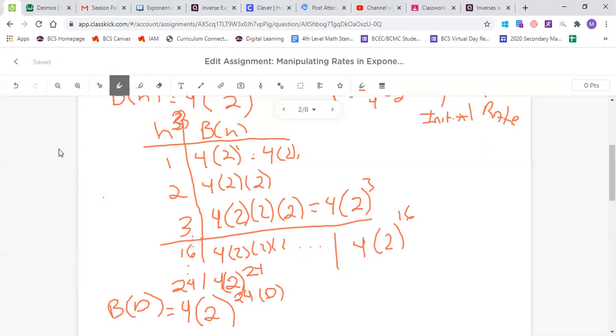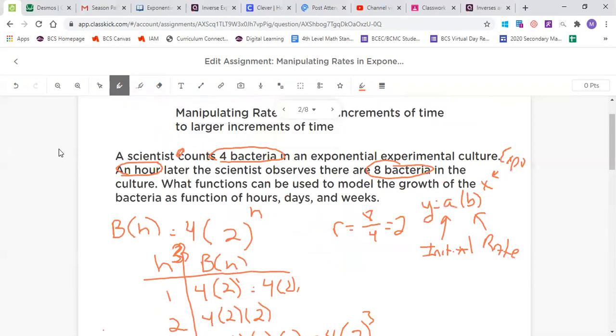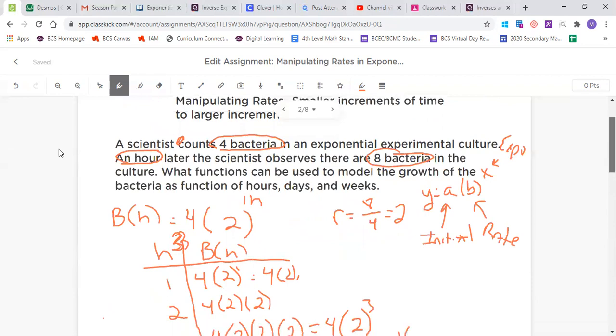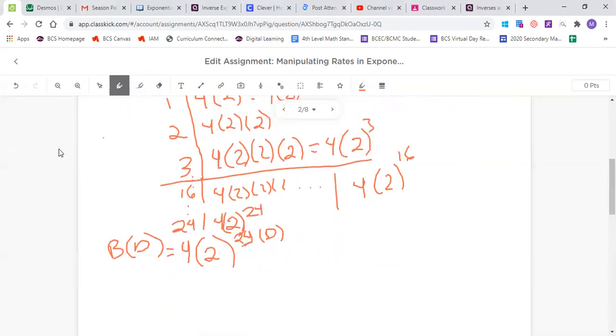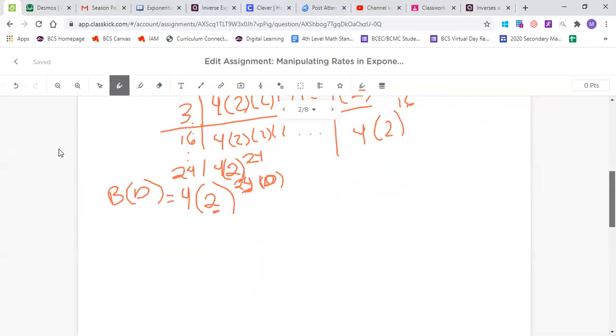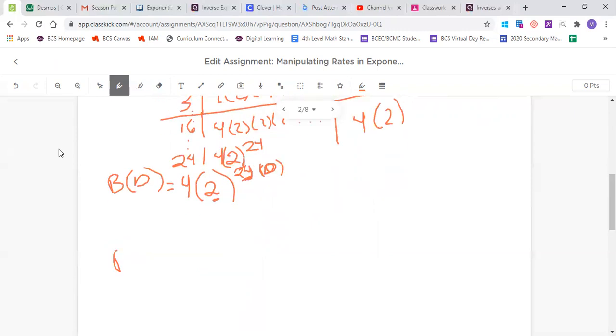Notice what's happened. In the original problem, we started with 1 hour. To make the equation for the number of days, we said there's the original rate of 2, but there are 24 of those in one day. So what if we were to change it to B of weeks, B of W? We started with 4, and we already know, just based off of the Desmos, that if I go to weeks, the numbers are going to get so substantially large they're going to be impossible to write down.